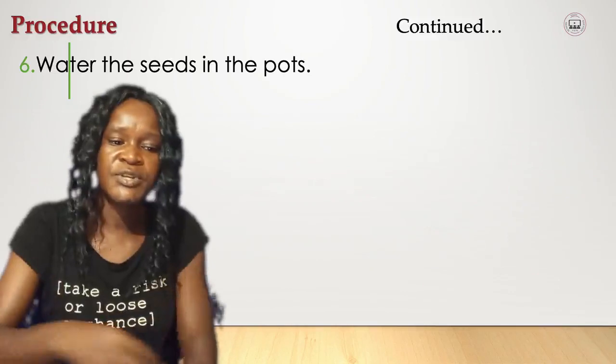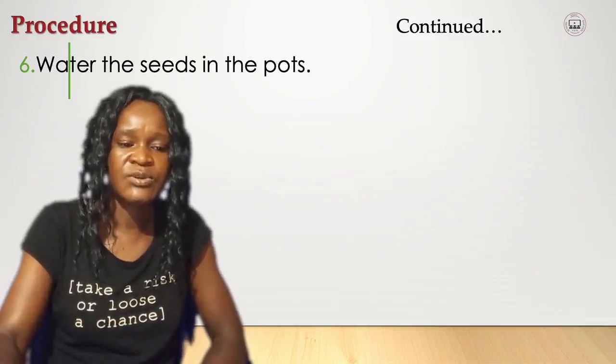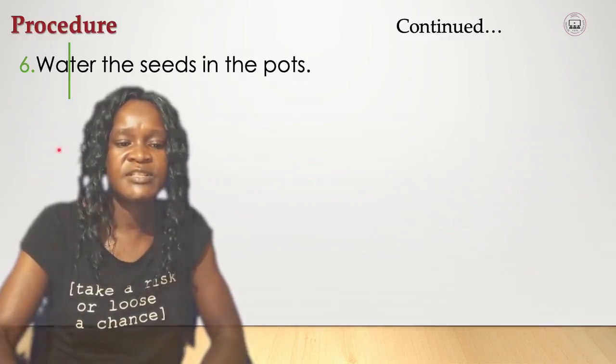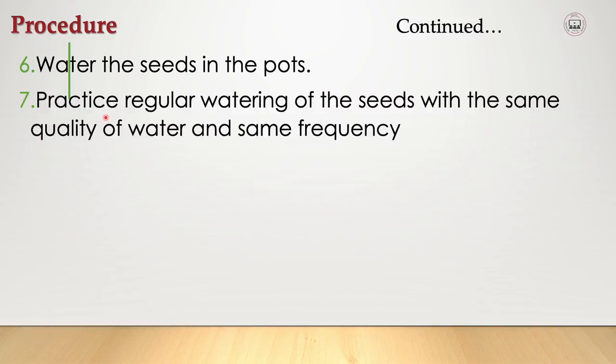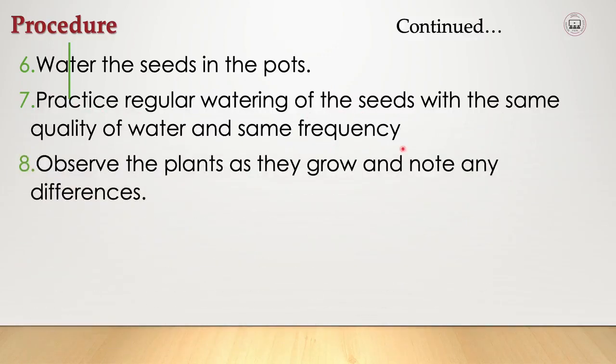After planting, you need to water the seeds. So stage number 6 is watering the seeds in the pot. You need to practice regular watering of the seeds with the same quality of water and with the same frequency in both pots.